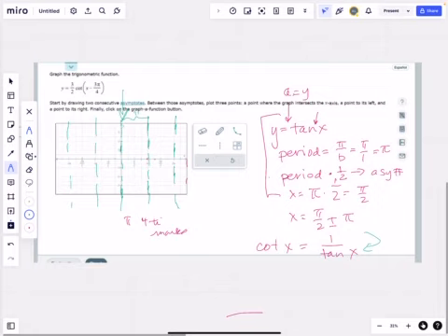Now, let's put our x-intercepts in the middle like we did before. Here, instead of going up from left to right, our cotangent is going to go down from left to right.